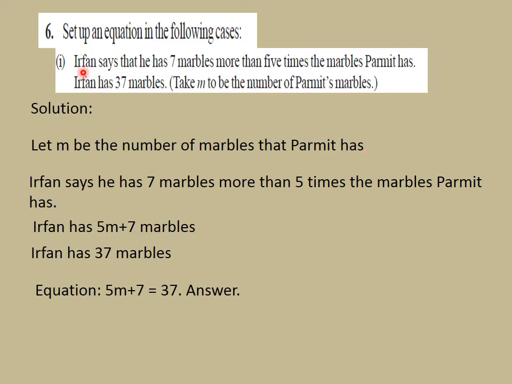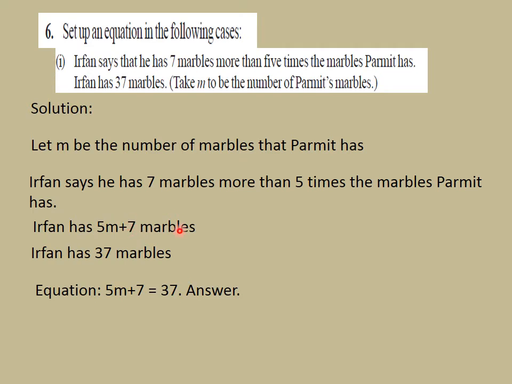Now what is the first line he is saying? Irfan says that he has 7 marbles more than 5 times the marbles Parmeet has. So 5 times the marbles Parmeet has, so 5 into M. 5 into M plus 7. 5 times the marbles of Parmeet plus 7 marbles more.